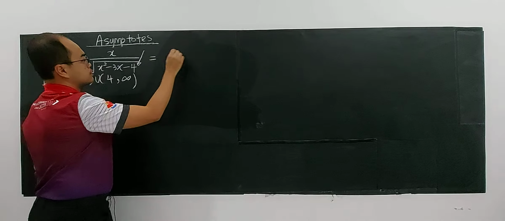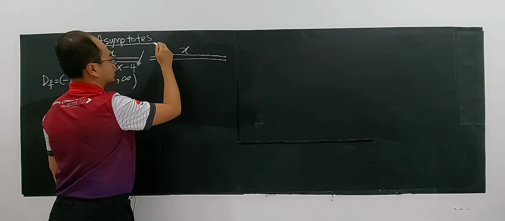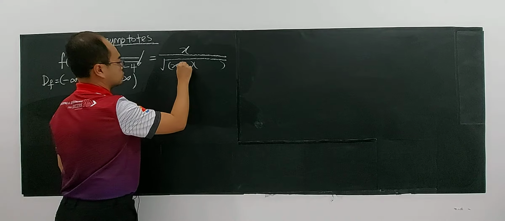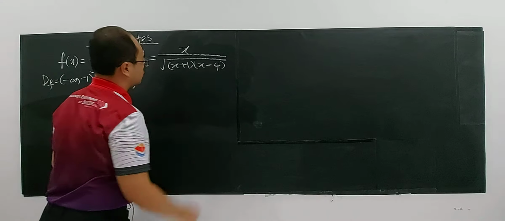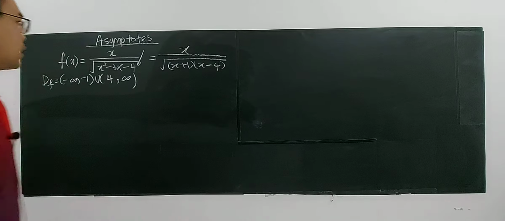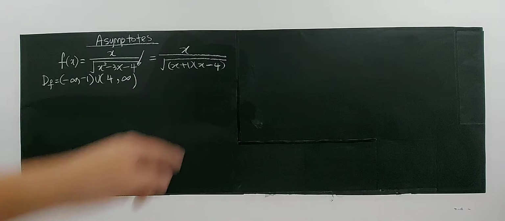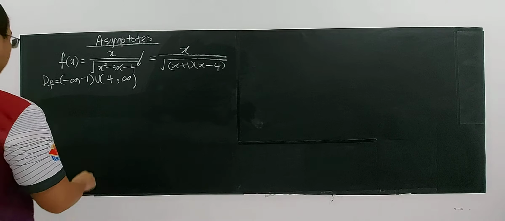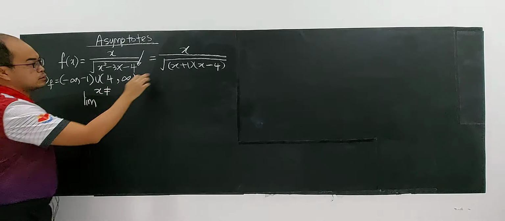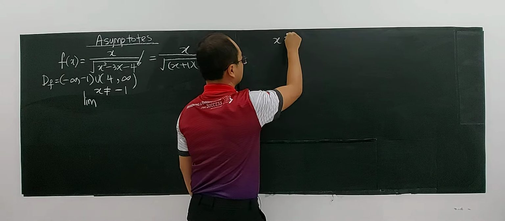You can rewrite this as x over the square root of x plus 1 times x minus 4, right? Since x squared minus 3x minus 4 factors that way. Now I want to evaluate the limits. You know that x cannot be negative 1, and x also cannot be 4.